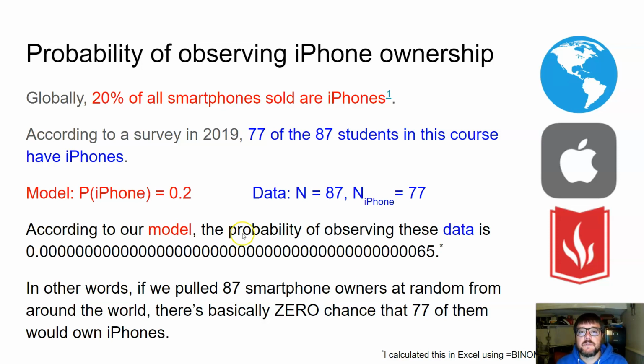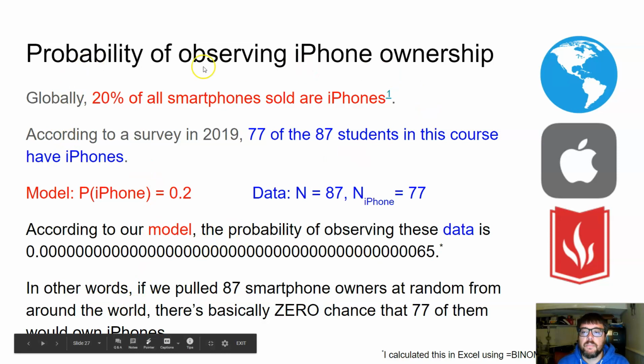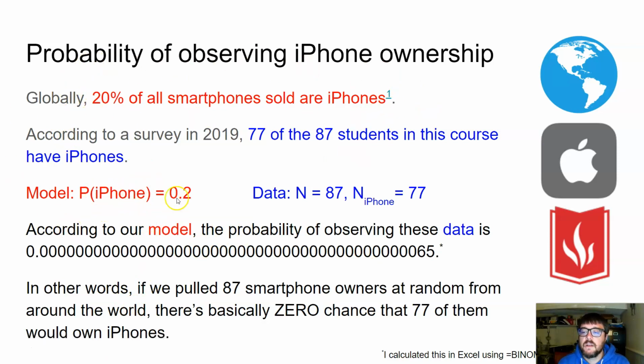Sometimes this is where we get our model, from previous research. Our model here is the probability of owning an iPhone is 20%, or 0.2. And the data that we have is that 77 of our 87 students own iPhones.